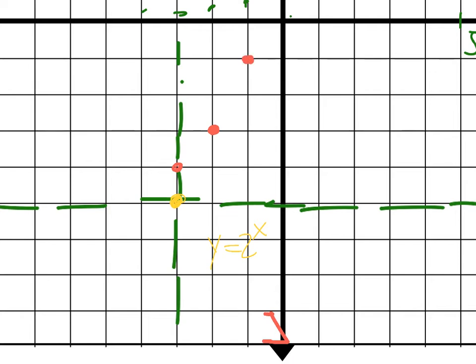And going to the left of the origin, we're cutting in half, cutting in half, going down towards the asymptote. So that's enough to get a decent little picture of where the graph is.